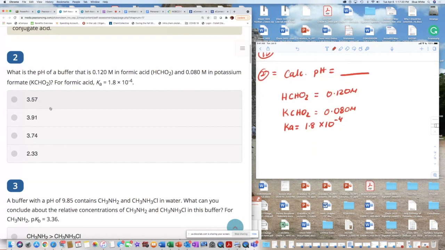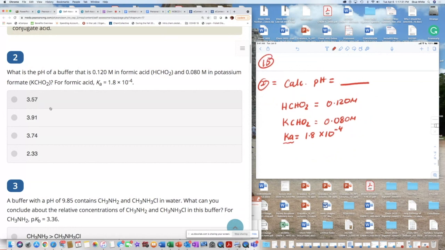Okay, because I have a Ka here, I'm thinking weak base. I'm sorry, weak acid. Ka, weak acid. But we're talking about a buffer. They said buffer, so at this point I want to use the ICE table to solve this.